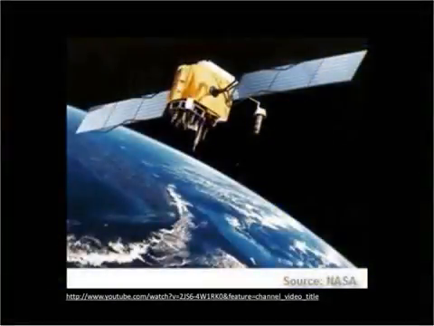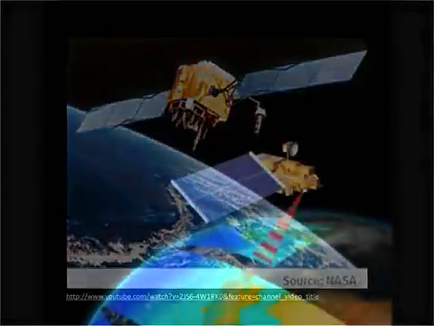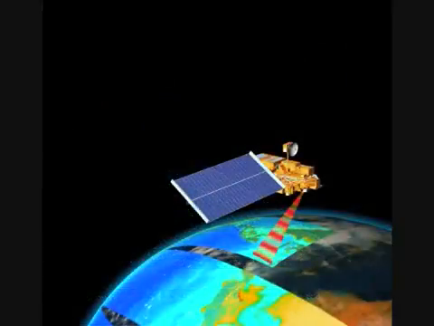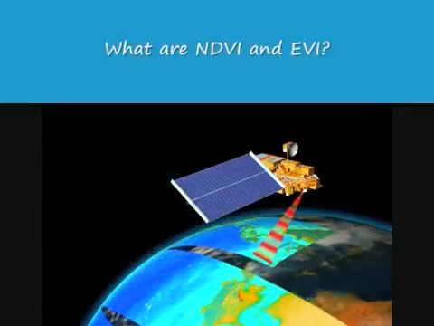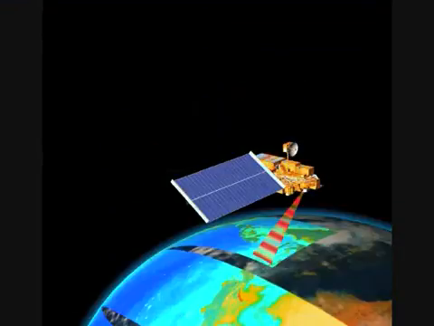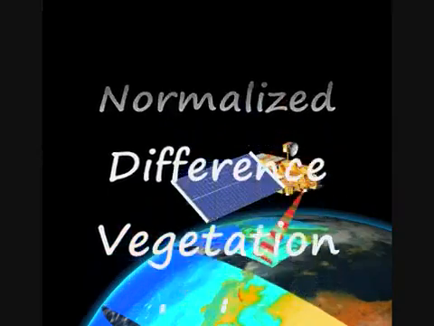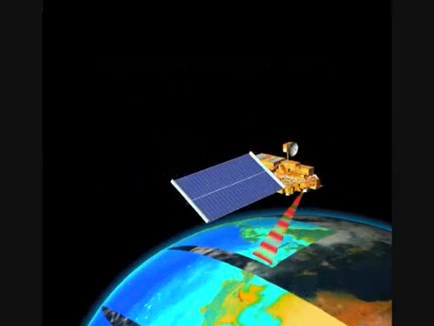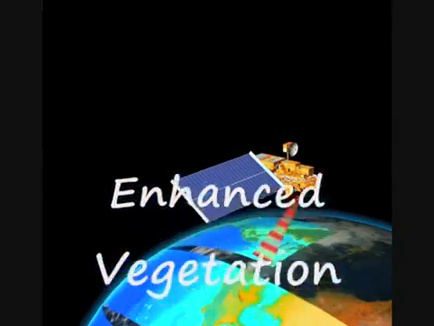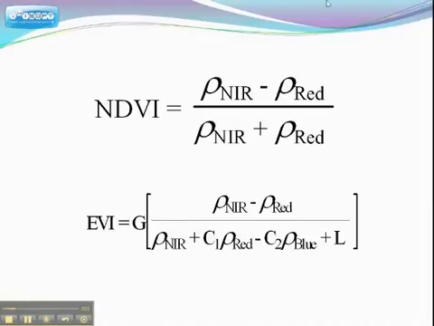NDVI and EVI are some of the vegetation indices that provide information of the vegetation health. What are NDVI and EVI? NDVI stands for Normalized Difference Vegetation Index, and EVI stands for Enhanced Vegetation Index. These mathematical equations are used to calculate the indices.